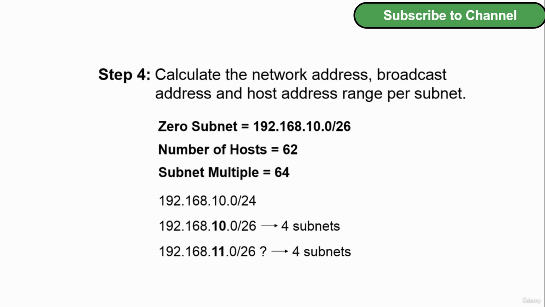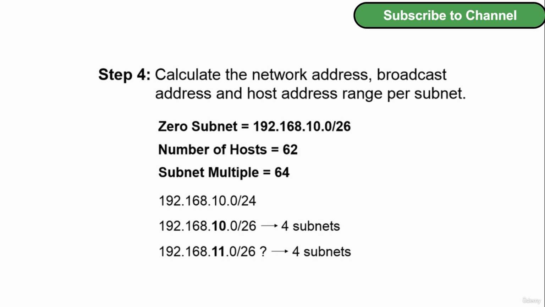Step 4, I'm going to calculate the network address, broadcast address, and host range for each subnet. I'm going to start with the 0 subnet, 10.0/26. That's my 0 subnet, and the number of hosts is 62 available, and 64 is the subnet multiple.